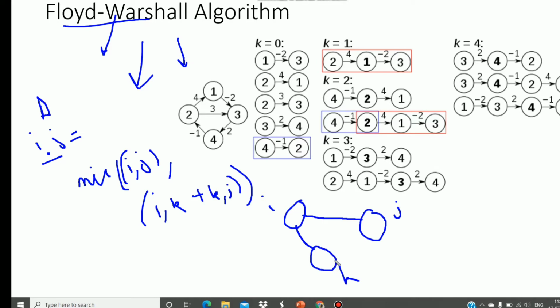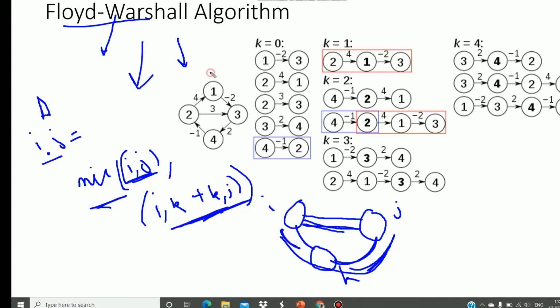From i to k there will be a weight associated with it, and from k to j also there will be a weight. On adding i to k and k to j we get the distance between vertex i and j. So this will be one path and this will be the second path. The minimum of both paths will help to find the shortest distance between i and j.